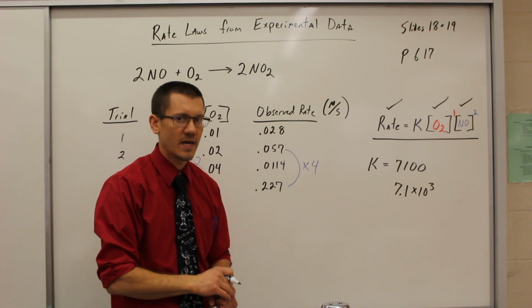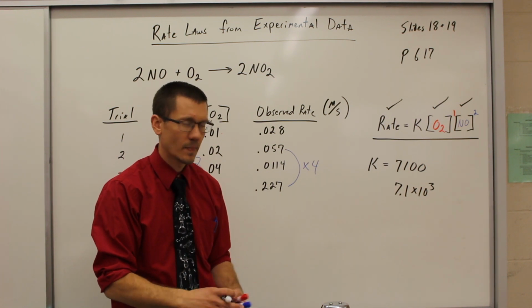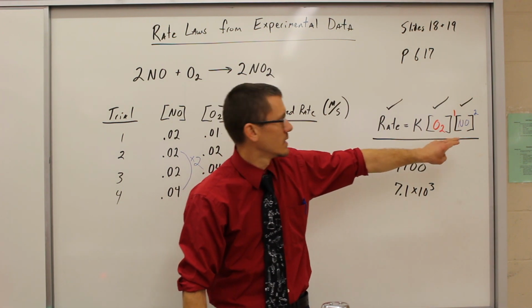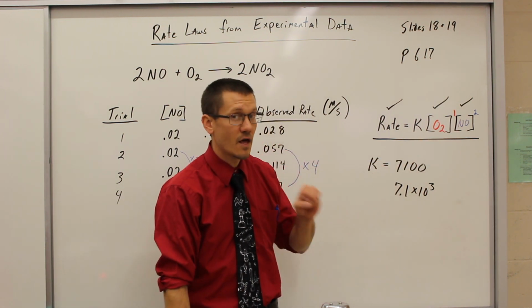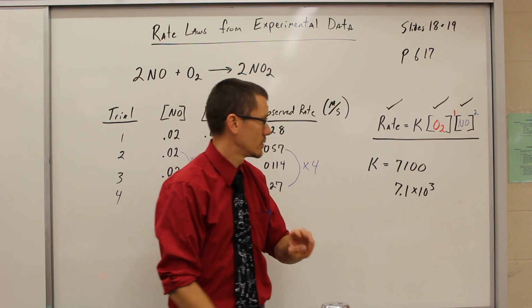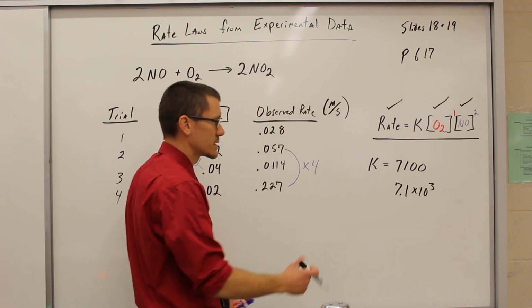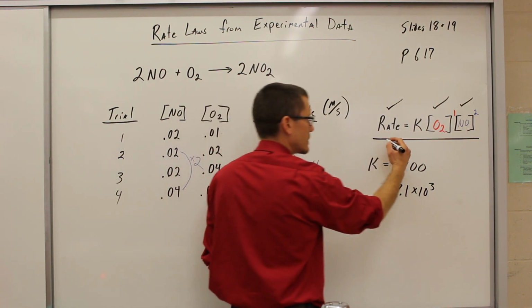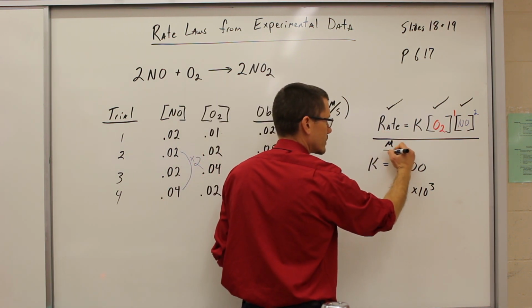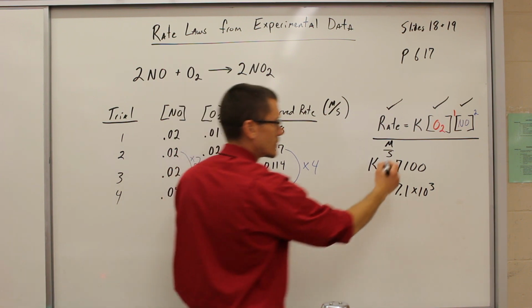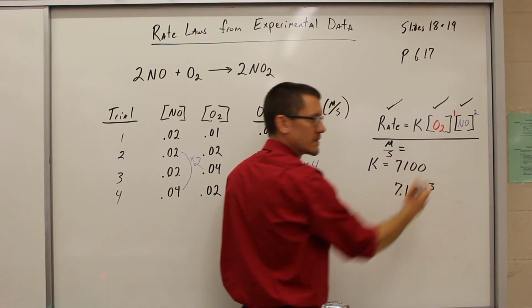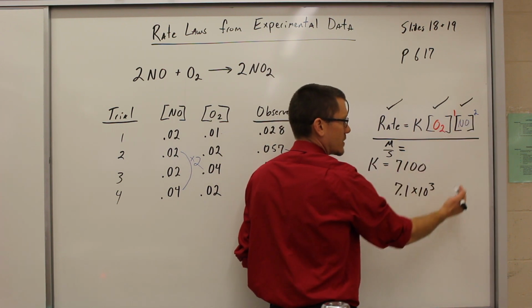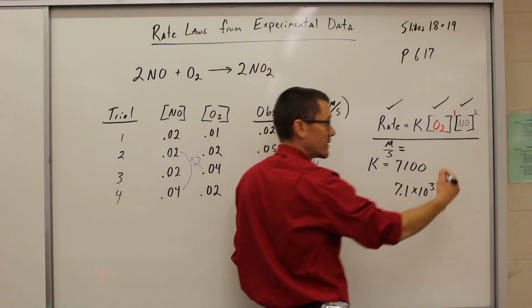The units of K become a little confusing. So this reaction is first order in oxygen, second order in nitrogen monoxide, third order overall. So if we look at our units, rate has units of molarity per second. To compare that to the other side of our equation, oxygen and nitrogen monoxide are in concentration units, so that's molarity as well.